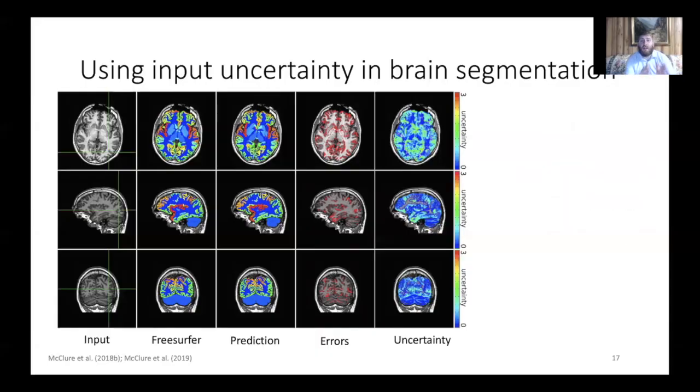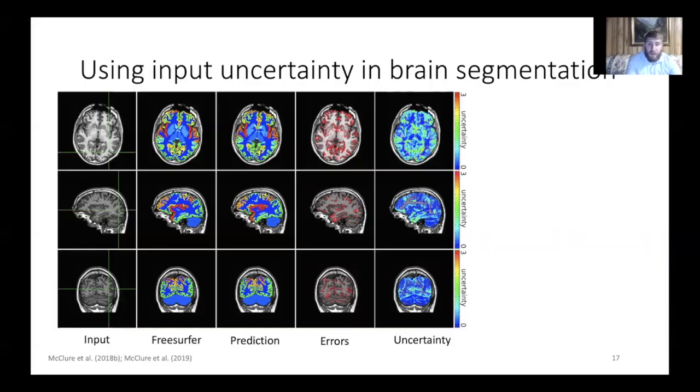We can look at the uncertainty, in this case, the entropy, or how spread out the probability mass is for each predicted probability distribution for each voxel. Then we can map that back to the input space, and see that often where the neural network is uncertain is where the neural network makes mistakes.